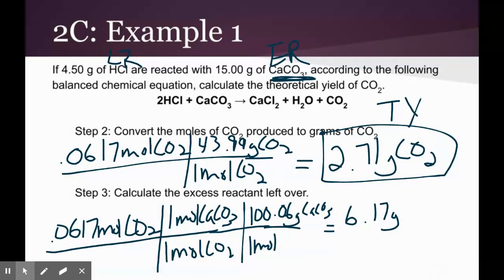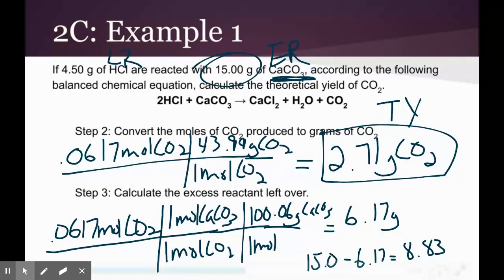To find out how much is left over, you're going to take your original 15 grams, subtract what was used, and that will tell you how much is left over. So we get 8.83 grams of CaCO3 left over.